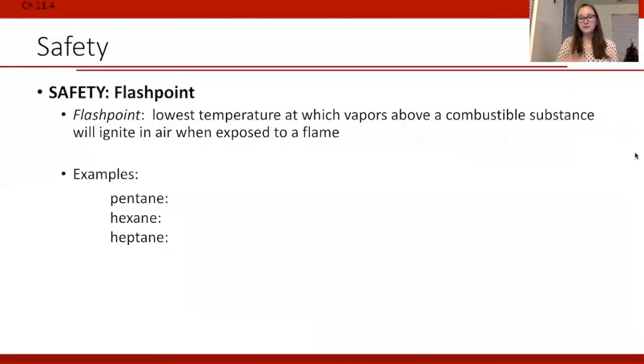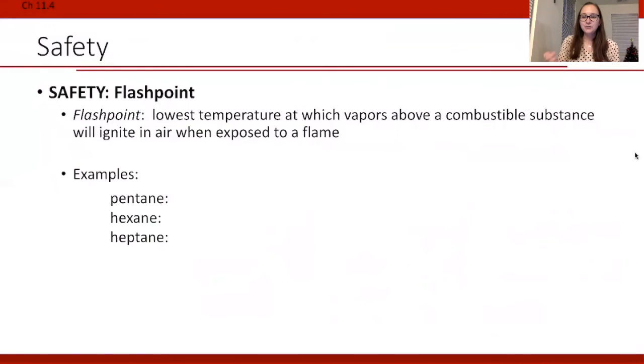What this means is if you have, let's say, a bottle of hexanes, so 6 carbons long, there's going to be some of the hexanes that have turned into a gas on top of it. So there's kind of an equilibrium between them, but it's going to be volatile. It's going to be turning into gas over time.